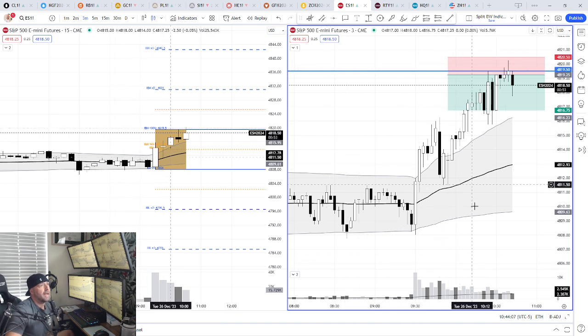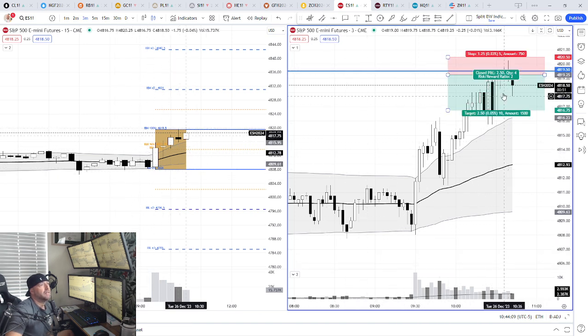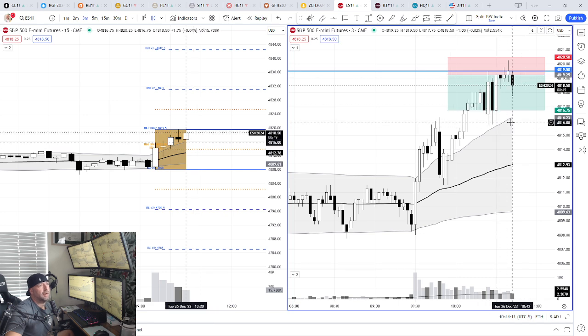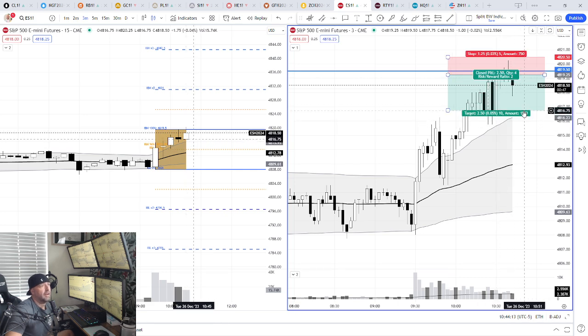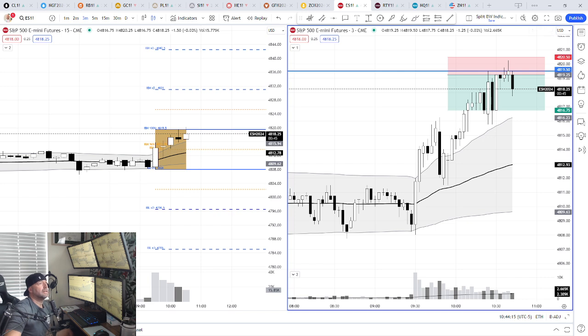So technically this is balance, right? So we can expect this channel between upper value area high on the session and IB high.